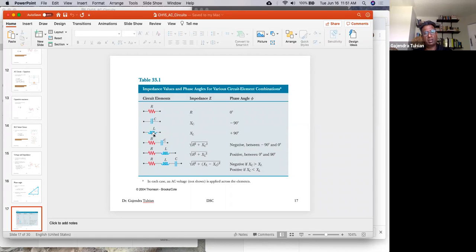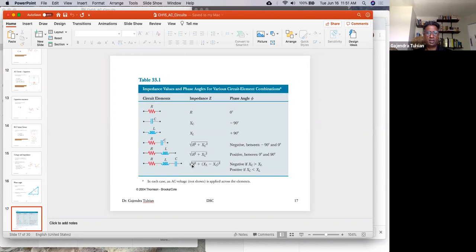For the inductor, it's XL, which is omega L, and the voltage is 90 degrees ahead of the current. For a resistor and a capacitor in combination, there's Z, and the phase angle is between 0 and minus 90 degrees. For a resistor and an inductor, it's between 0 and plus 90 degrees.